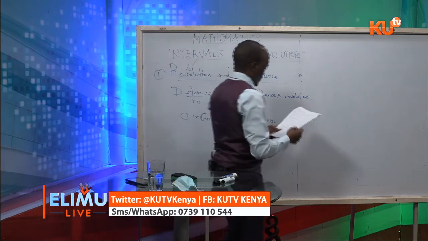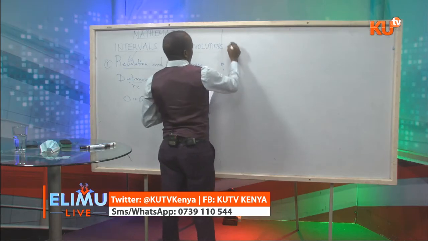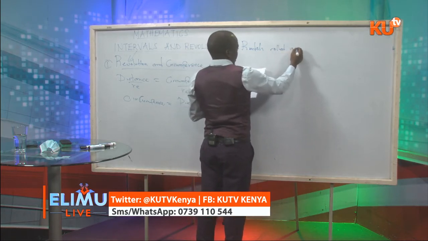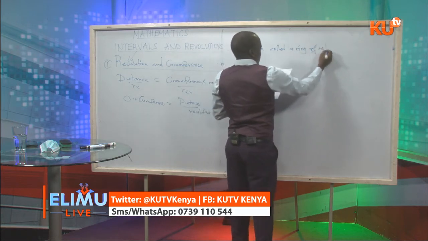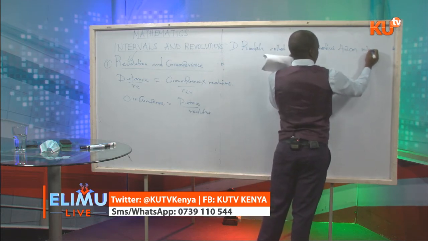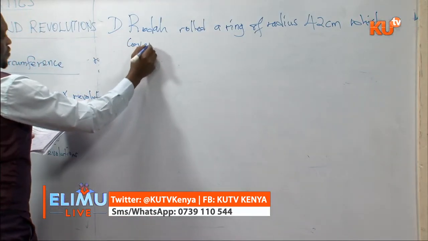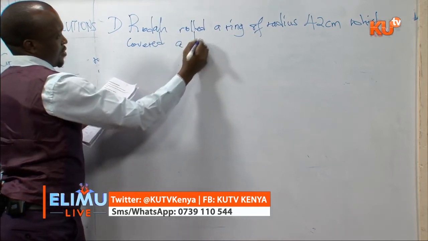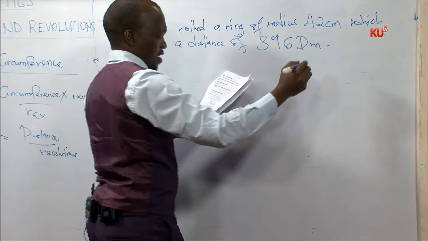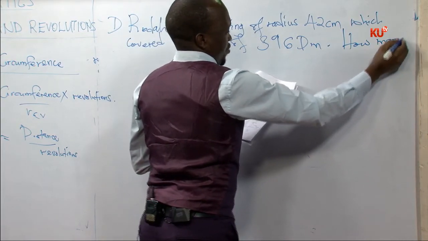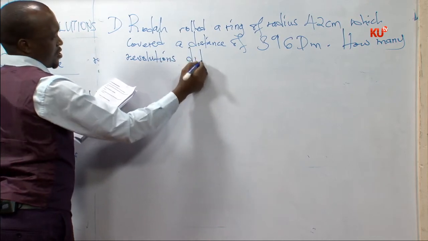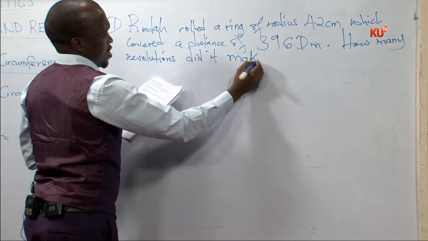An example in a question would be: Rhoda rolled a ring of radius 42 centimeters, which covered a distance of 396 decameter. How many revolutions did it make?